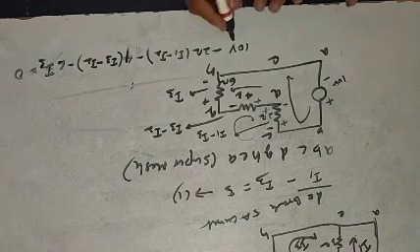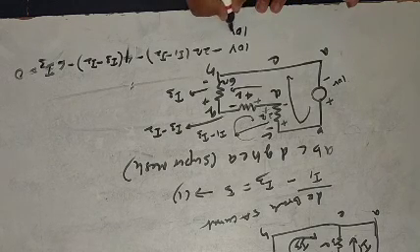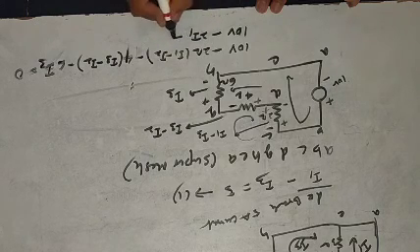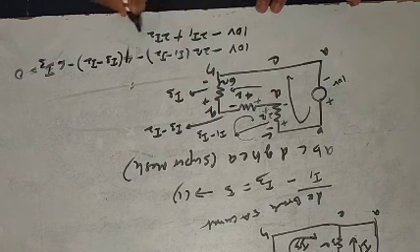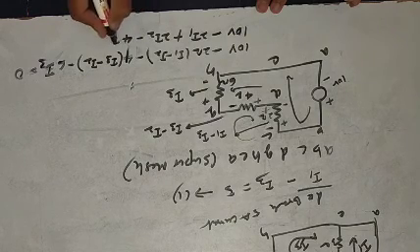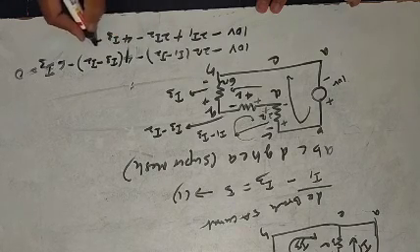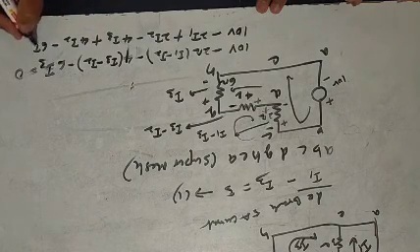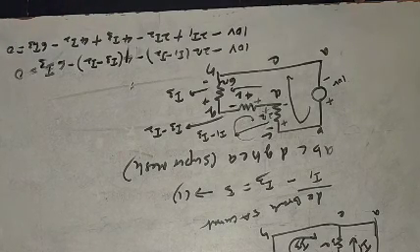Expanding this term: 10 volt minus 2 I1 plus 2 I3 minus 4 I3 plus 4 I2 minus 6 I3 is equal to 0.